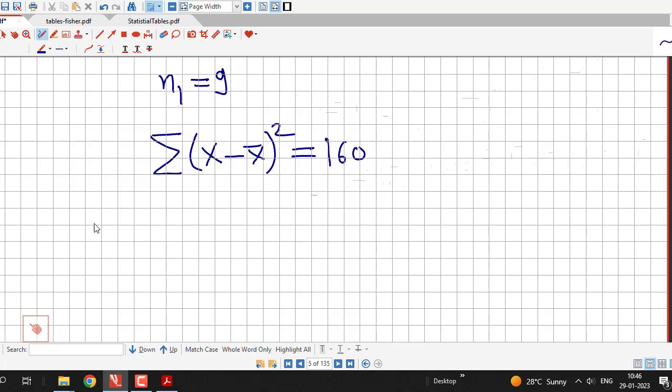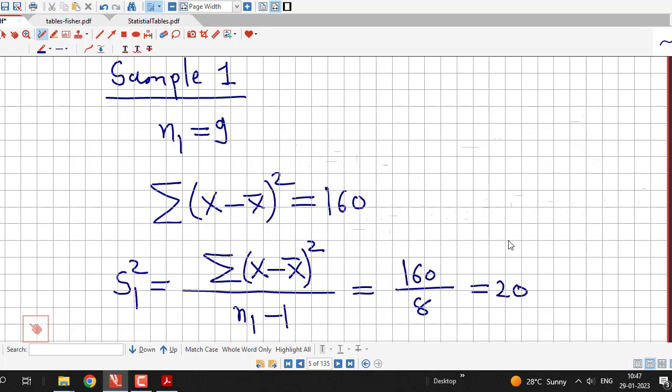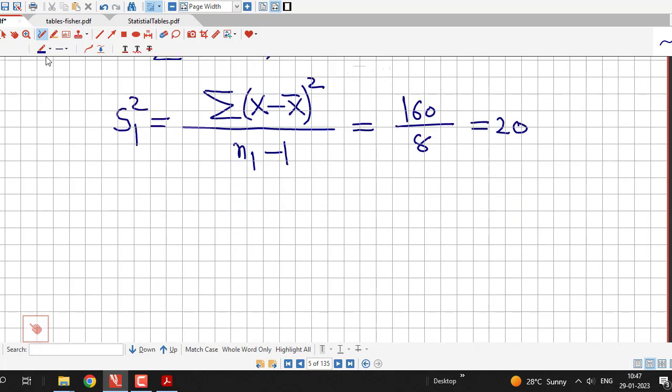But we require sample variance, and suppose sample variance for first sample is denoted by S1 square, then using the formula of sample variance we can write that it is sigma x minus x bar whole square divided by sample size minus 1. So we have 160 and n1 minus 1, that is 8. So this is 20. So we are not given sample variance, but we are given this sum of squares of deviations. So using the formula for sample variance we can easily find out this S1 square, and it turns out to be 20. So this is for first sample.